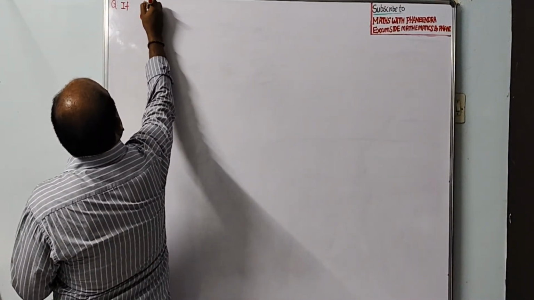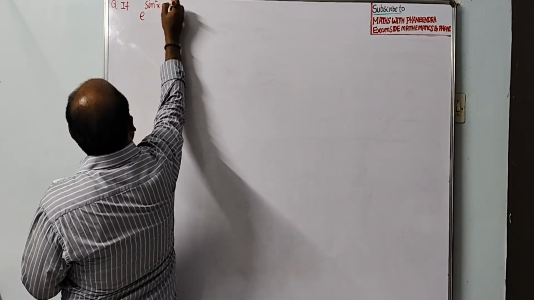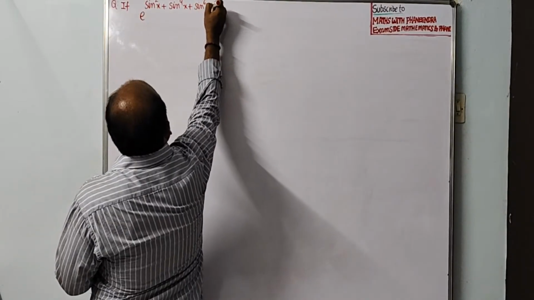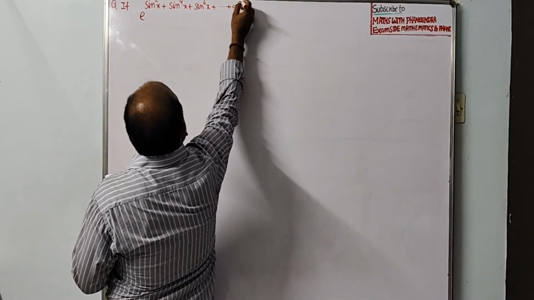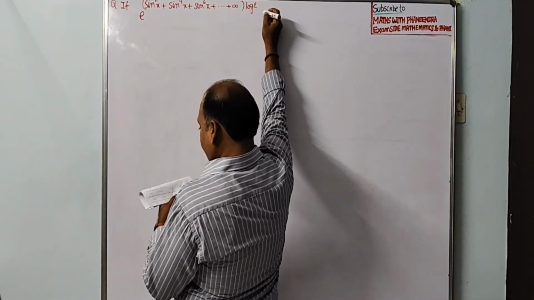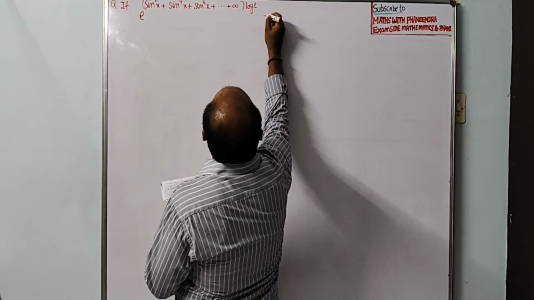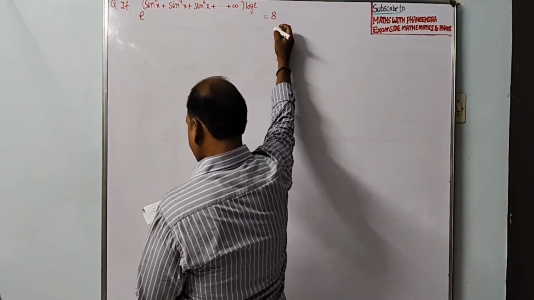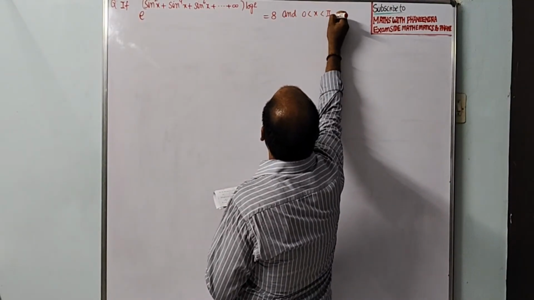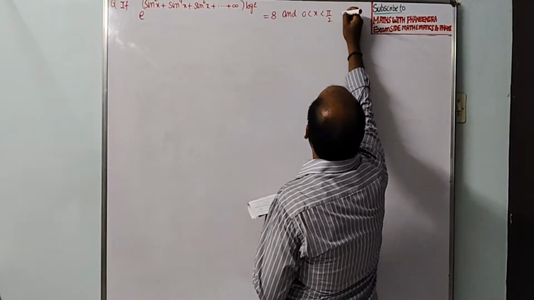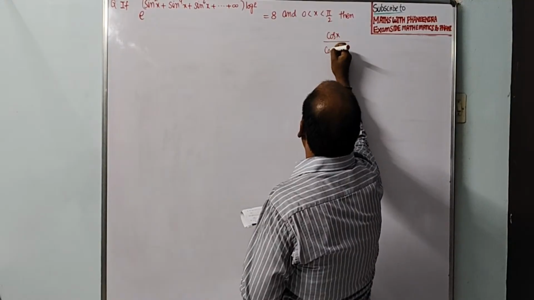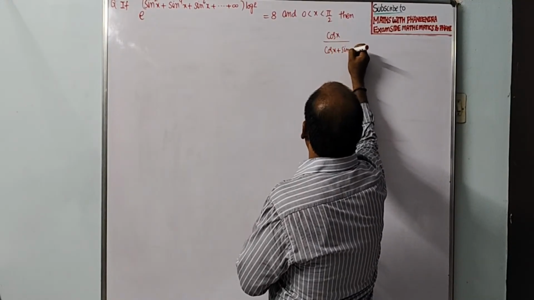If e power sin square x plus sin power 4x plus sin power 6x and so on up to infinity, into log 2, is equal to 8, and 0 is less than x is less than pi by 2, then the value of cos x by cos x plus sin x is equal to?